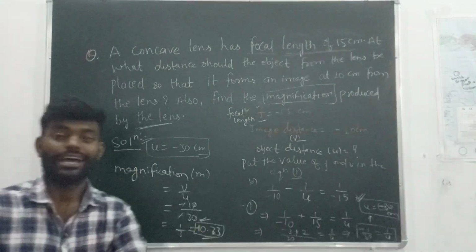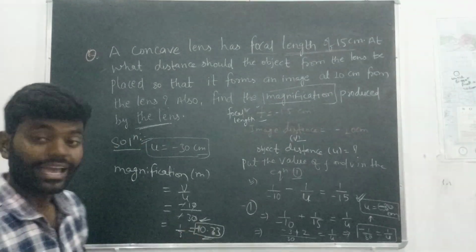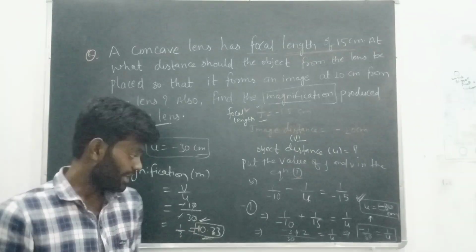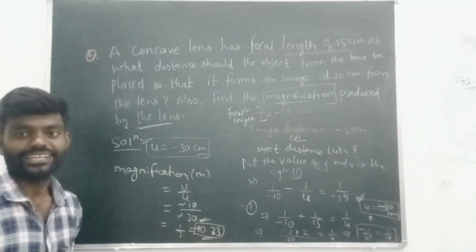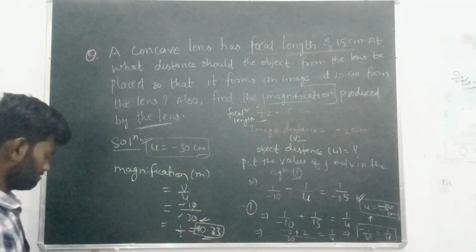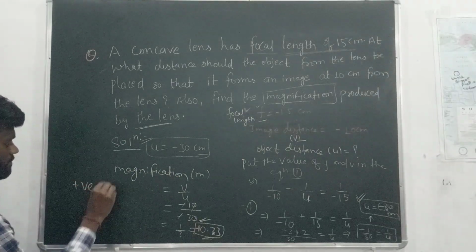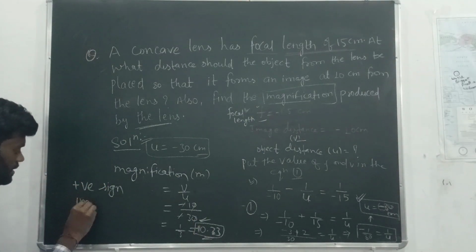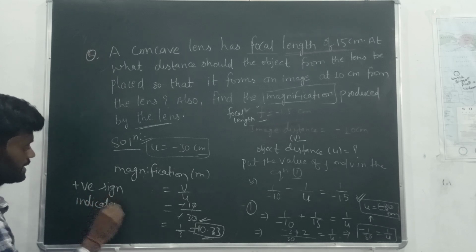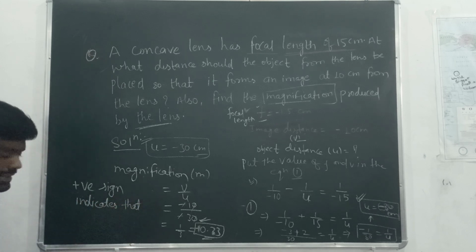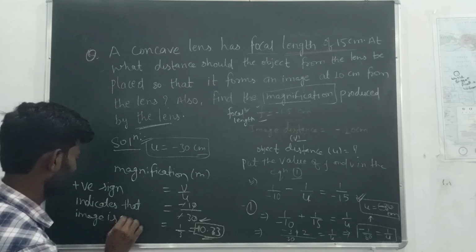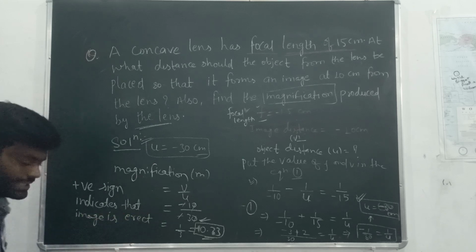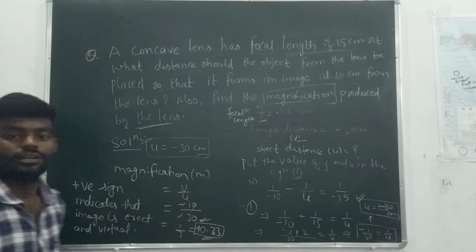Now you may have a question: sir, why do we have a plus sign in the magnification produced by the lens? The positive sign indicates that the image is erect and virtual.